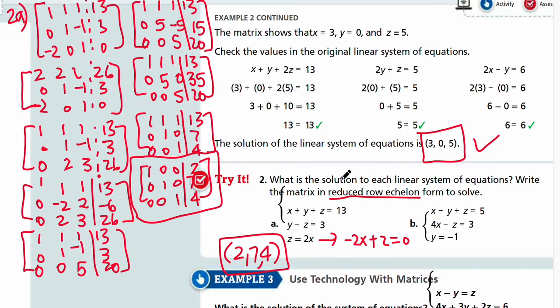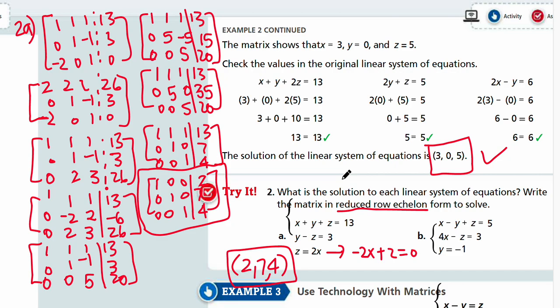In the same way, part B, you're gonna do the same thing, but you're not going to get a pretty integer. For part B, you will get a fraction or a decimal.